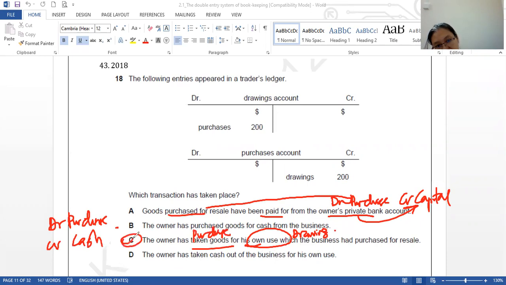So your entry should be C. The owner had taken cash out of the business for his own use. Own use is drawings, but cash is a credit. So your double entry will be debit drawings, credit cash. Okay, so the answer should be C.